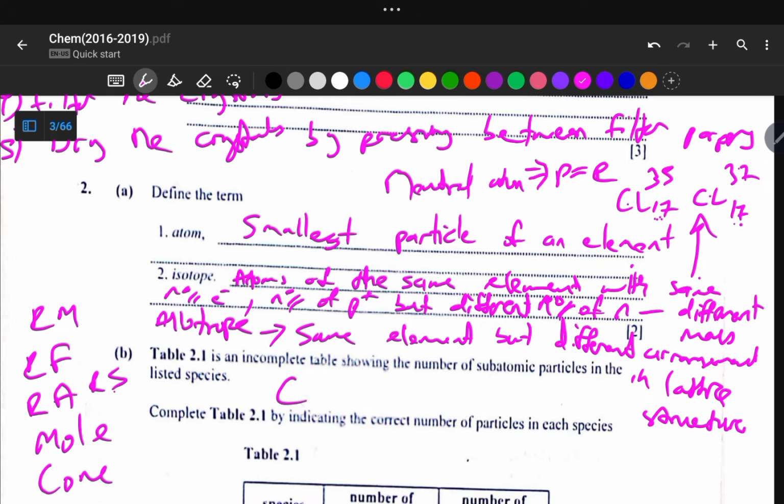For example, we've got graphite and diamond, right? This is an example of allotropes, as are oxygen and ozone. You should be able to explain the difference in the physical properties of graphite and diamond.